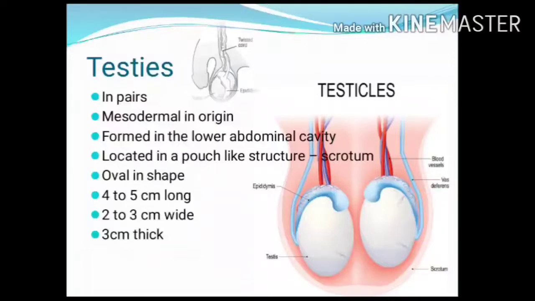Generally, during early fetal life, the testes develop in the abdominal cavity and later they descend into the scrotal sac through a passage called the inguinal canal. Means testes begin to descend from the abdomen during the 3rd week of gestation and completely descend during the 7th month of development via the inguinal canal.